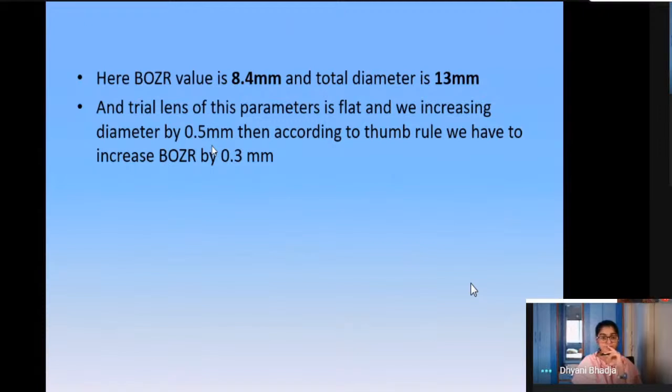Hello? Hello, Dhyani, can you repeat the question? Here, our BOZR value is 8.4 mm and total diameter is 30 mm. We decide to increase total diameter by 0.5 mm. So what will be our new value of BOZR and total diameter? Okay, we wait for the answer.